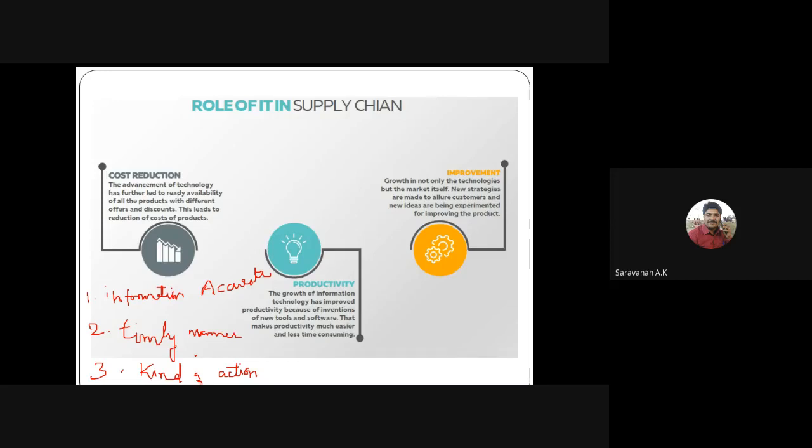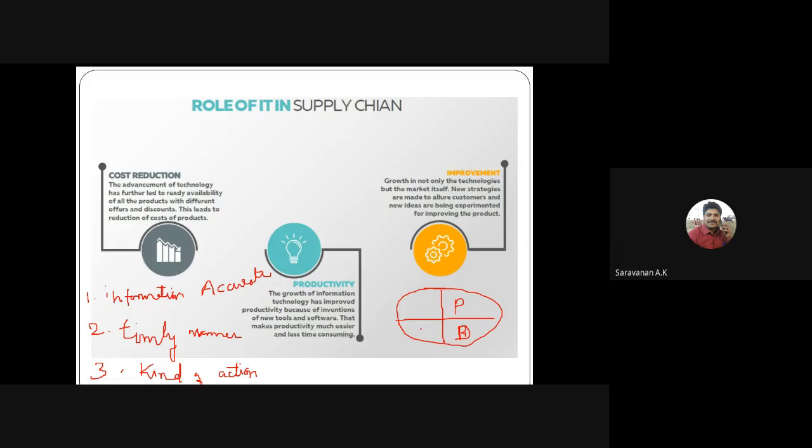So generally, what is the objective of the supply chain? The supply chain network has four objectives, right? We have to deliver the correct product, we have to manufacture the correct product, then the correct product has to be delivered.